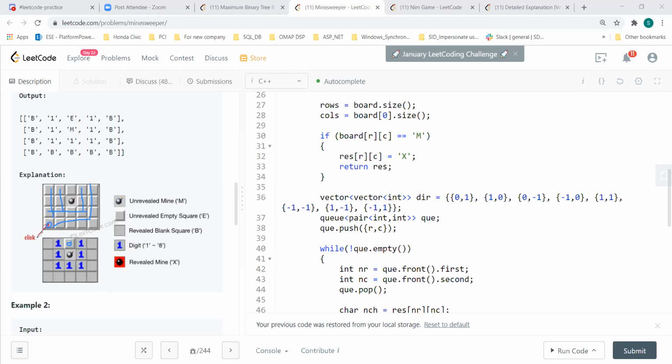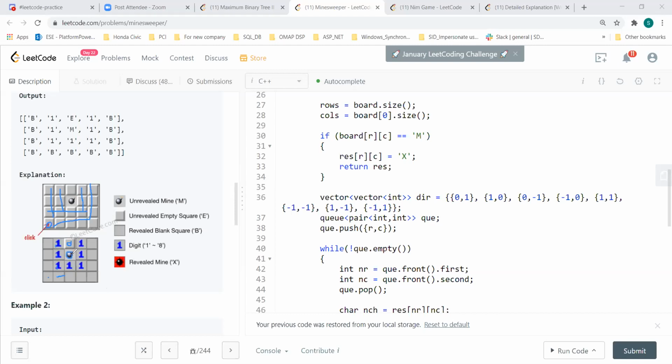So you reveal as much as possible, but as you are revealing, whenever you don't find any mines, you mark it blank. So these are all blanks. But if you find a mine in its neighbors, then you put that number over here. So you can say these are the mines. And if you accidentally click on a mine itself, the game is over most of the time.